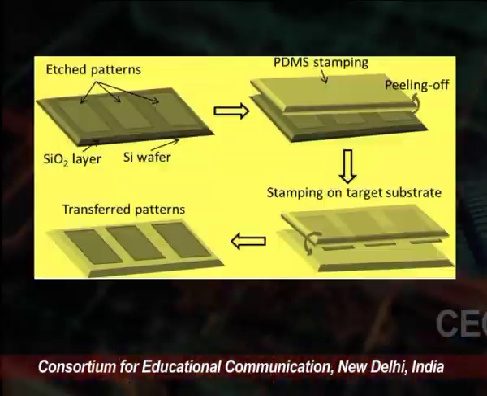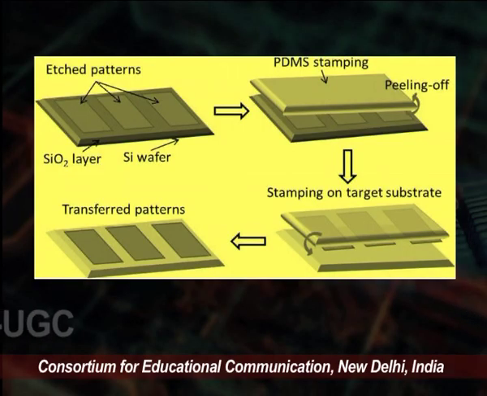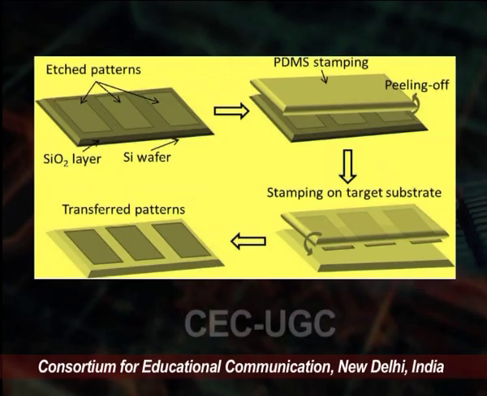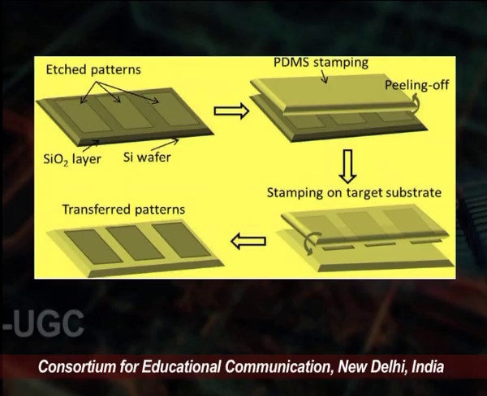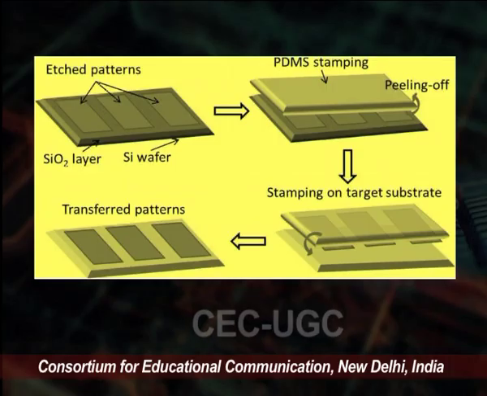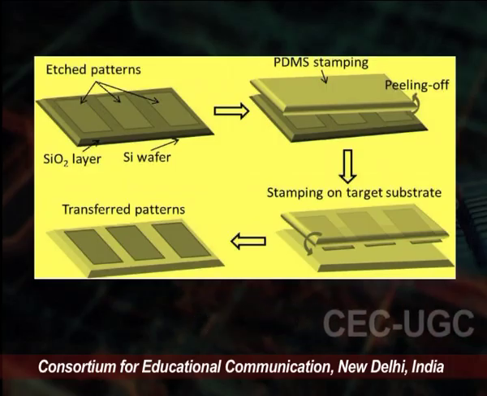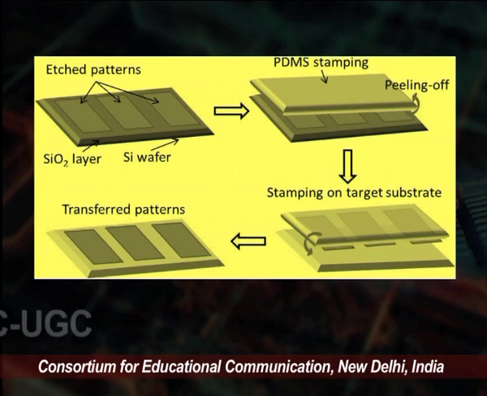We can prepare the devices by using transfer printing. Now, you can see on the screen that we have a substrate, a silicon wafer, on which we put a silicon oxide layer, and the etched pattern has been made. After that, you see in the second diagram PDMS stamping, printing, peeling off, and then stamping on the target substrate.